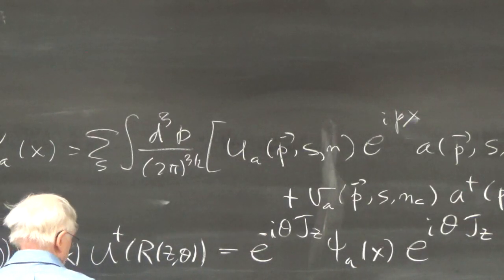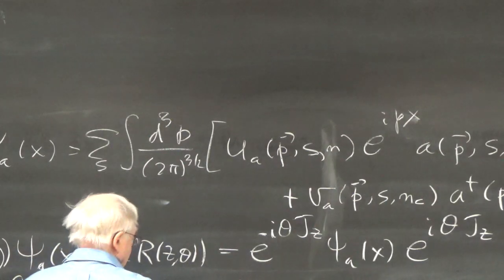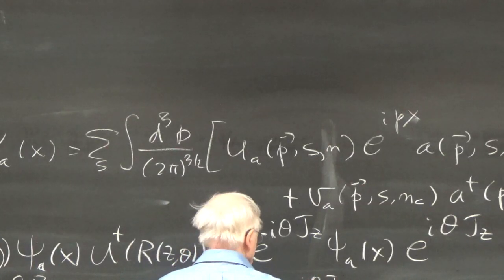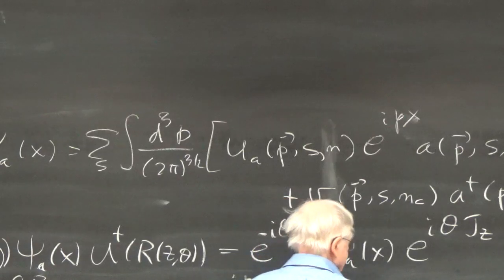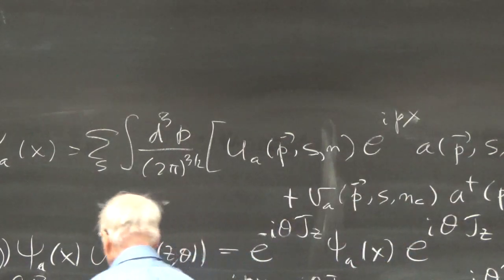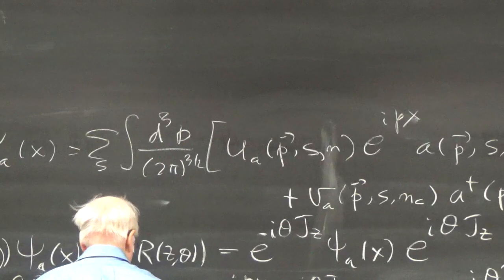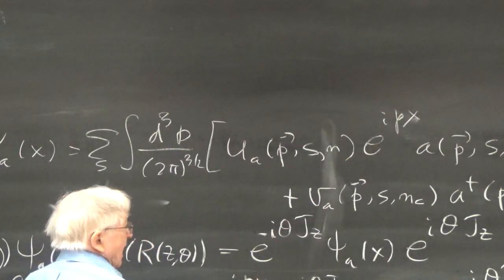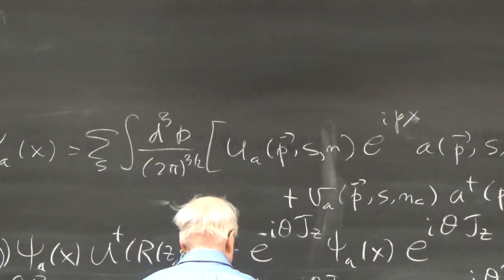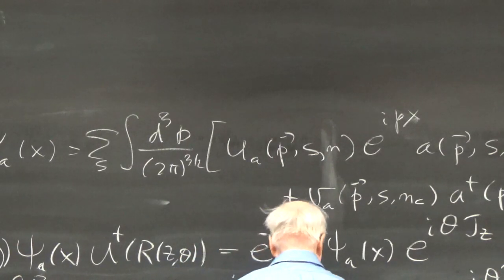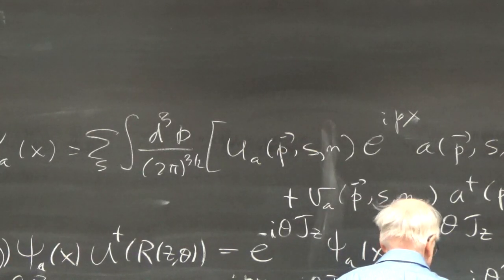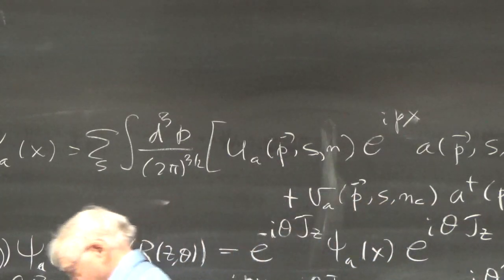And so we have here u_A(p,s,n) e^{ipx} e^{-iθJz} a(p,s,n) e^{iθJz}, and then v_A(p,s,n_C) e^{-iθJz} a†(p,s,n_C) e^{iθJz}, and then a closing bracket.